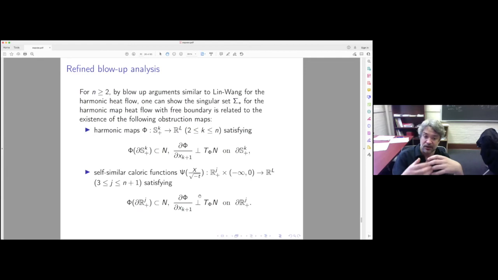This is really a refined blow up analysis on the flow itself. And basically in our case also, one can prove that the obstructions are either harmonic maps with free boundary or possibly self-similar caloric functions. So it's kind of similar.